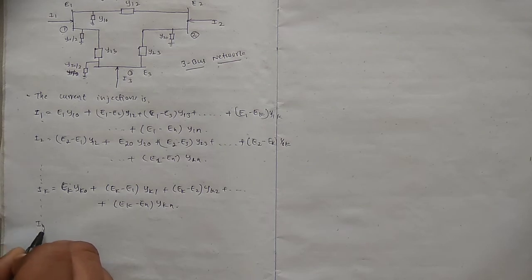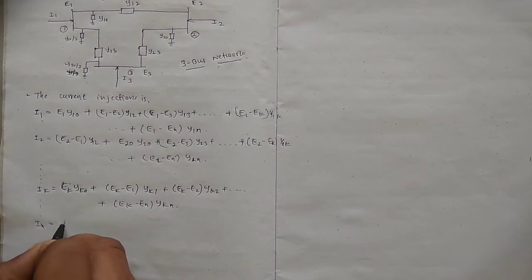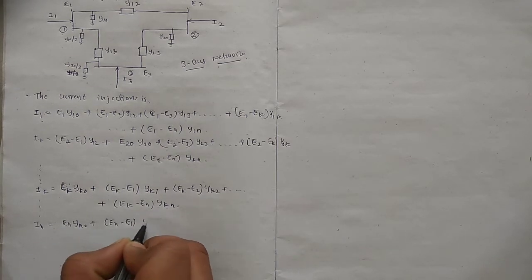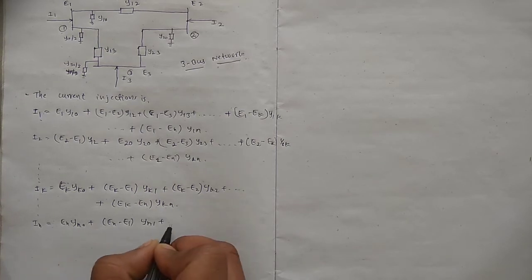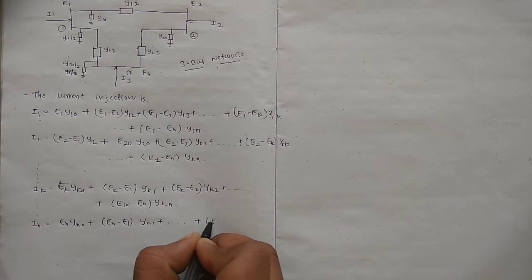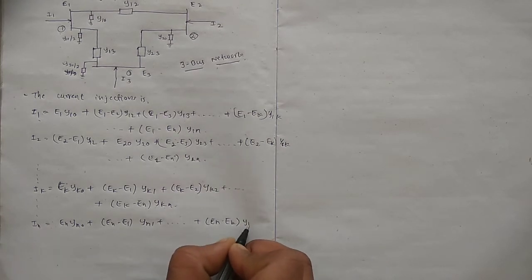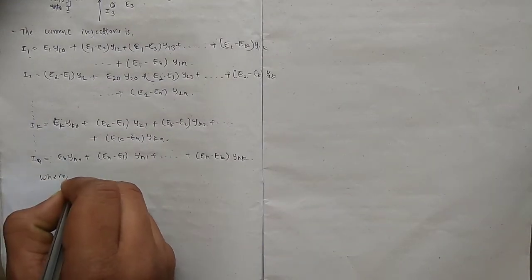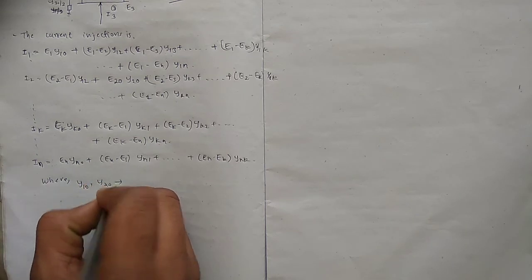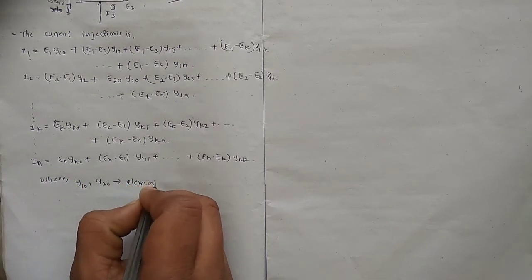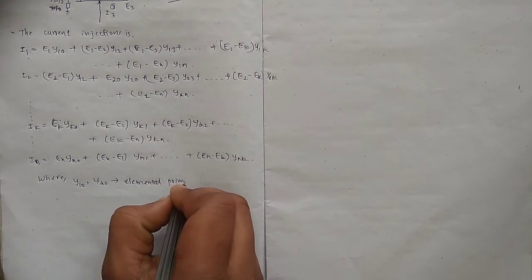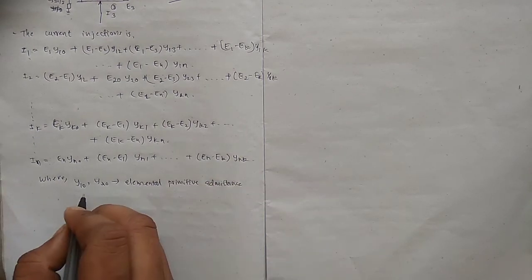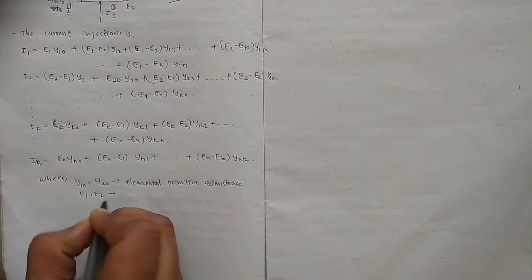The current injection at the nth bus is equal to En Yn0, plus (En minus E1) Yn1, and so on, plus (En minus Ek) into Ynk, where Y10 and Y20 are elemental primitive admittances, and E1, E2 are bus voltages.